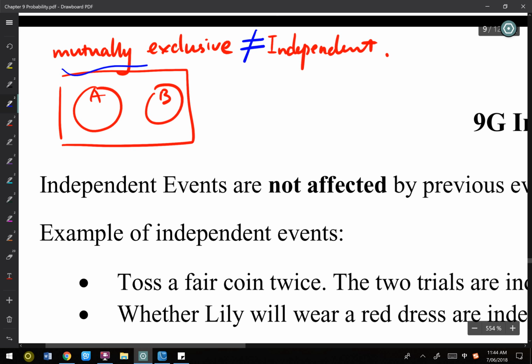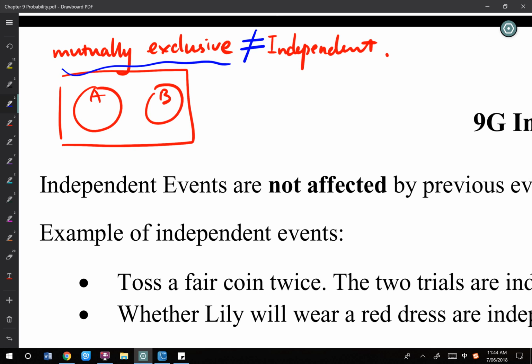Mutually exclusive means they can't happen at the same time, right? But something that can't happen at the same time means they are dependent, because if this one happened, the other one can't happen. Can you think about it that way?